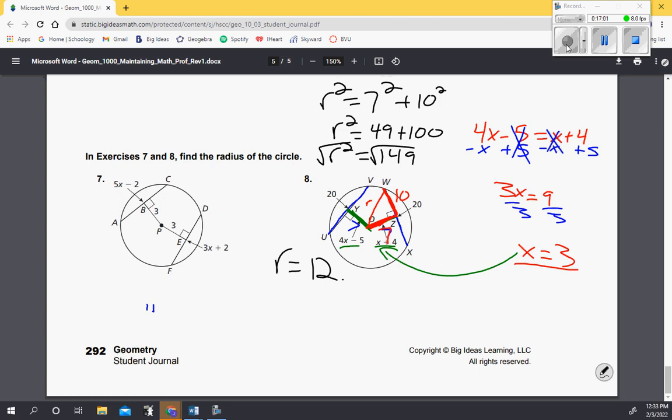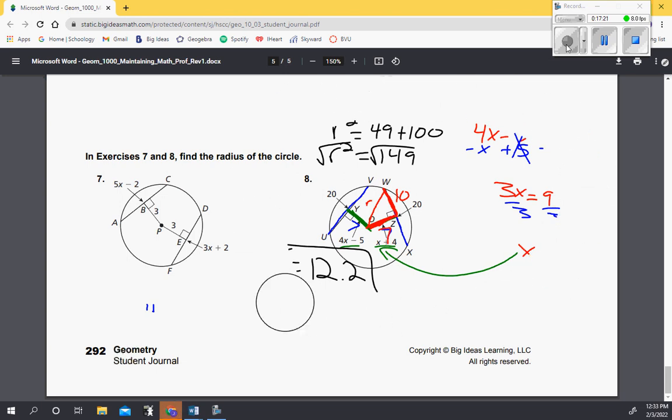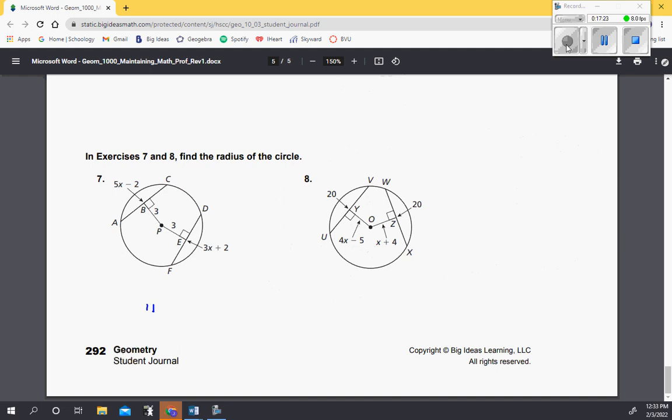Square root of 149 is 12.2. So those last couple problems are probably the toughest of this lesson. But it's just breaking it down and solving for the radius. Okay, if you have questions on any of this, please send me an email or talk to me at school.